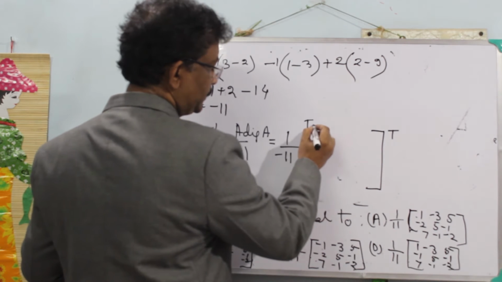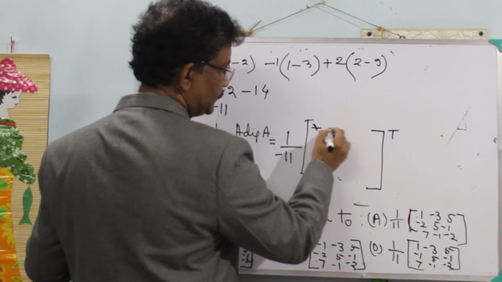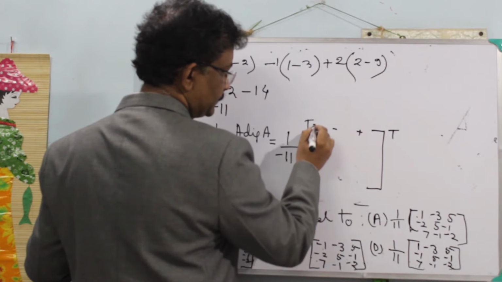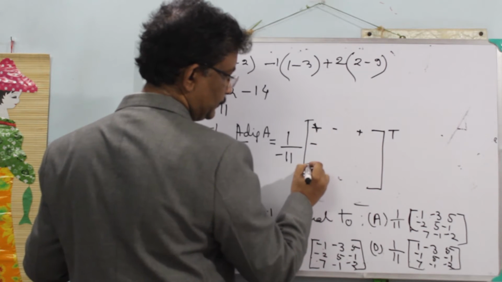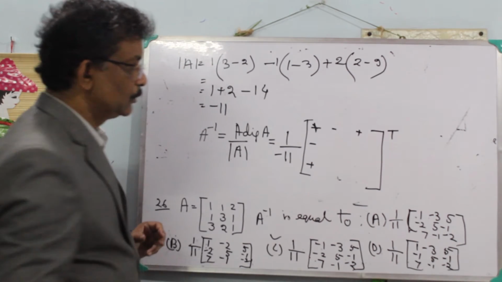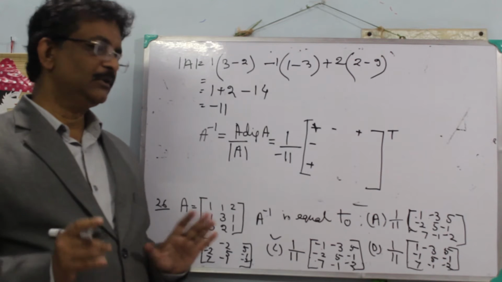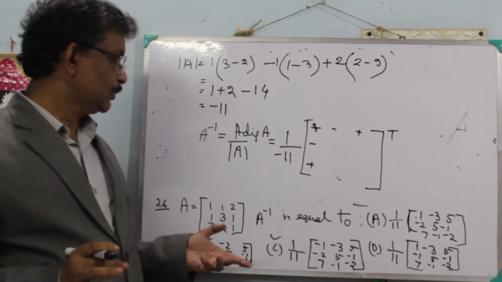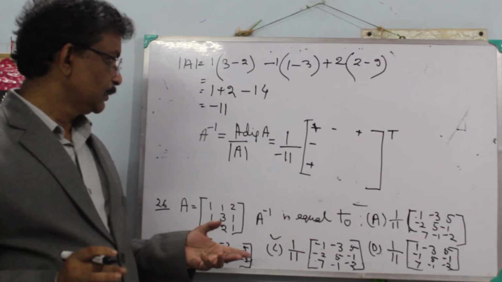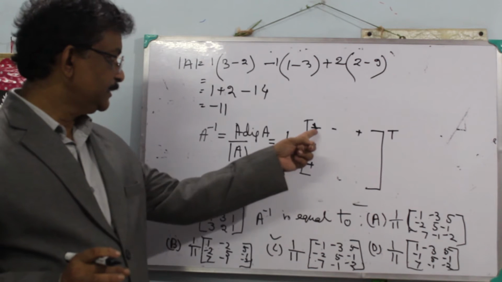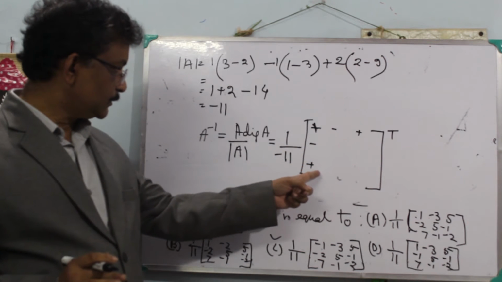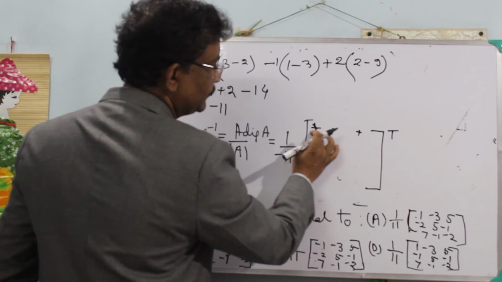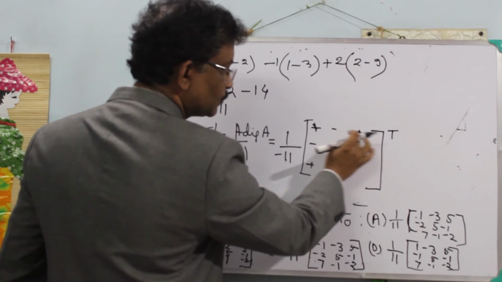So for cofactors, the signs are plus, minus, plus, minus, plus. I will not calculate all the cofactors, because if I calculate the cofactors of this column, after transpose this will be the first row.